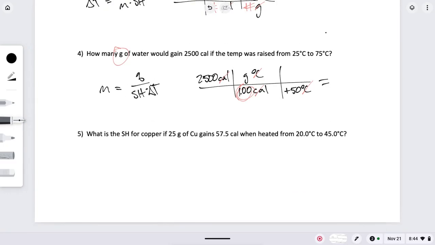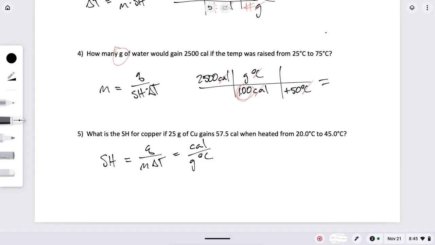Finally, if you're solving for a specific heat, it should be equal to Q divided by the mass and the temperature change, which should make sense because the unit for a specific heat is calories divided by grams degrees Celsius. So that's exactly what you do. You don't need railroad tracks for this.